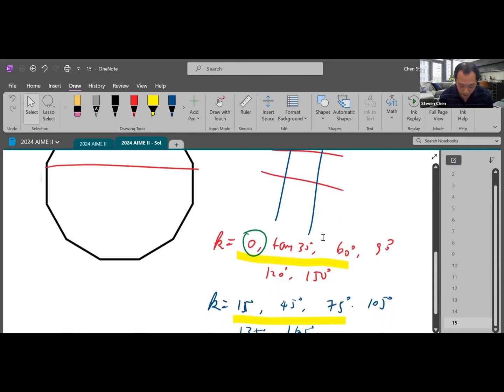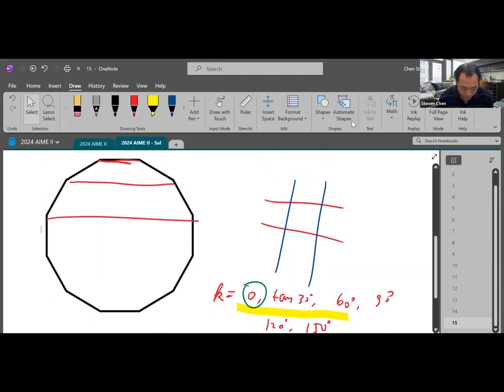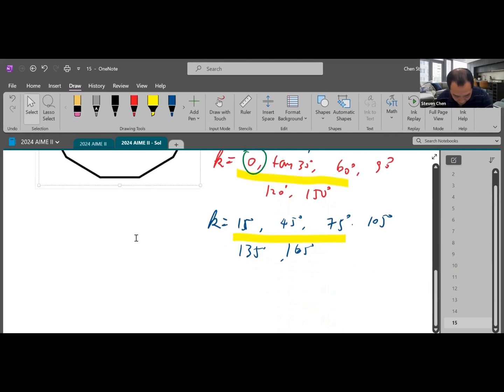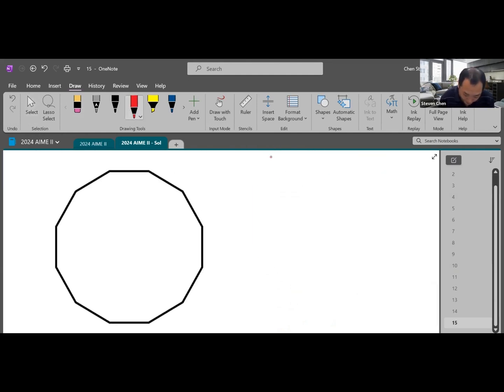So suppose the length of each one. Let me copy and paste again. This is for case 0. Suppose the length of the shorter horizontal line, where the distance between two endpoints is called 2i.